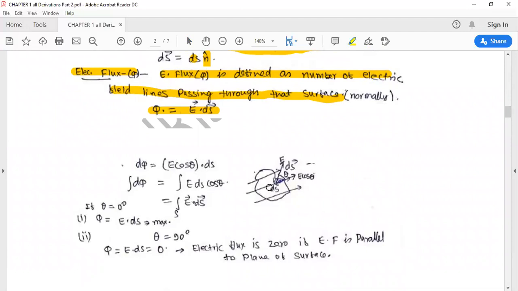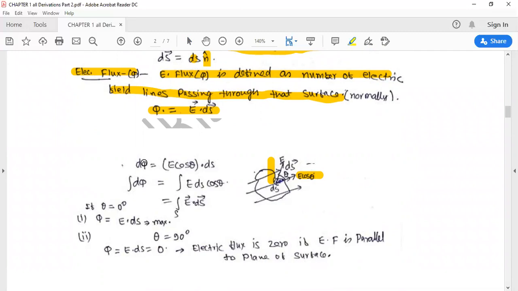Suppose this is my ds, this is the ds vector, and this is electric field intensity E. In this direction its component is E cos theta, and in this direction its value will be E sin theta. Since we are considering the component normal to the surface, you have to consider E cos theta times ds.